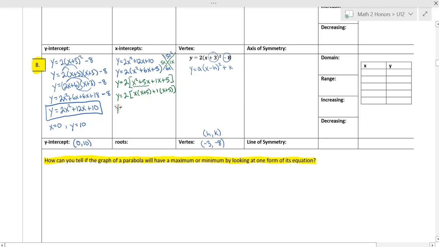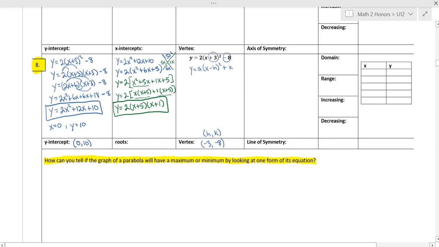Keep going. 2 times, if you look at both of these terms, they both have an x plus 5, so factor out the x plus 5, and we're left with an x plus 1. And now we have factored form: 2 times x plus 5 times x plus 1.